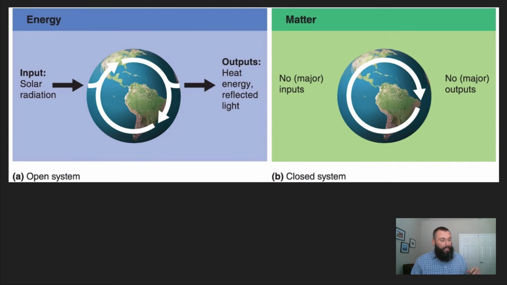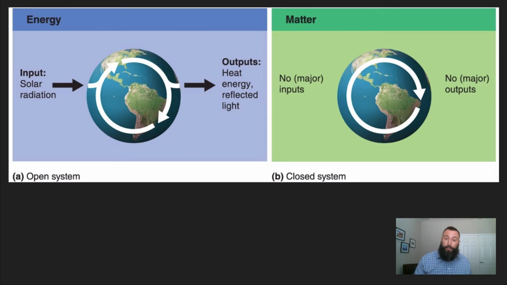All right, so previously we talked a little bit about systems in general. Systems are an interconnected set of parts that all work together. And in terms of energy and matter, take a look at this, right? In terms of energy, our world here is an open system. The solar radiation comes in from the sun.